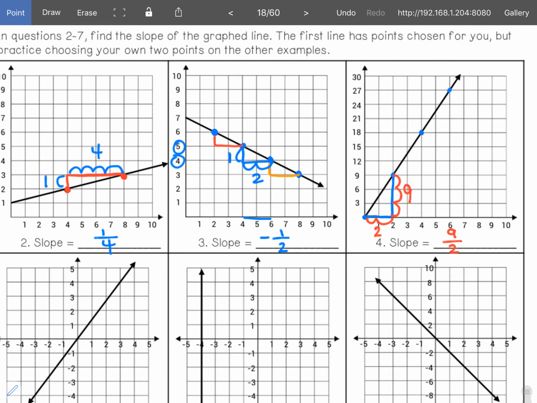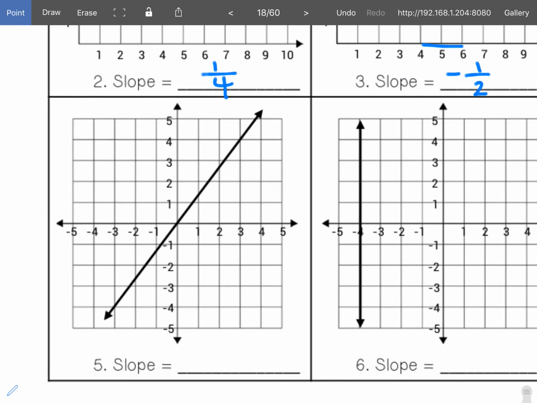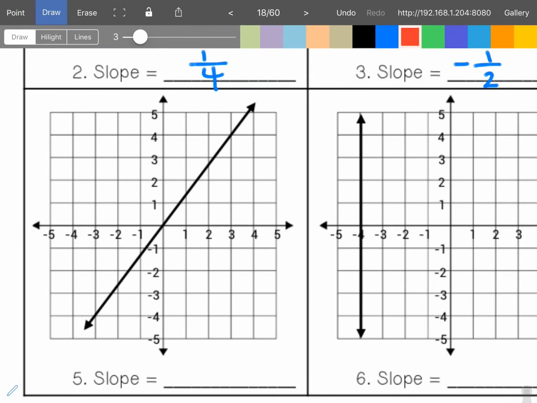All right, very good. All right, let's look at this one right here. Let's put some points on here. You can see one right there, which is at the origin. Remember, that's called the origin of the coordinate plane, where the x and y axis meet. And look and see, I see another place right there where my line goes through a corner of a square.